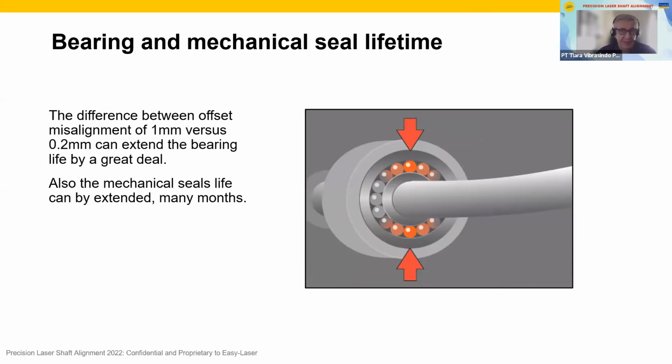And we can even reduce it further down, so less than 0.2 millimeter. Also, the mechanical seal life can be extended by many, many months. So think about the stress on components in a machine, in a bearing, just through misalignment.